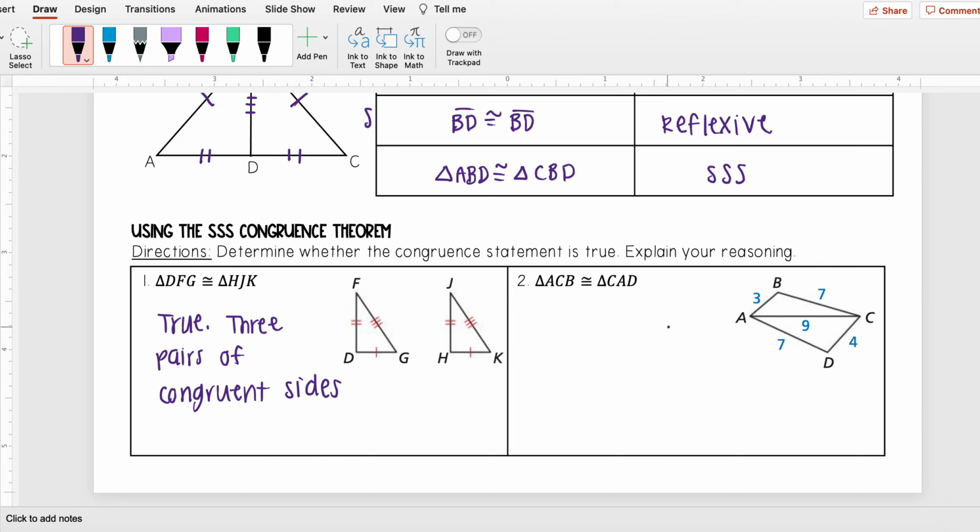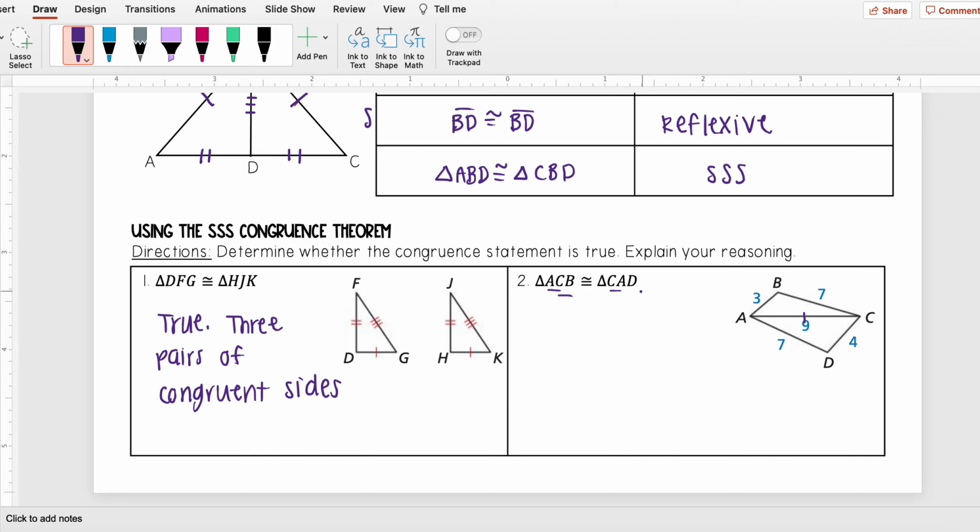Okay, now let's look at number 2. So number 2, I want to see if triangle ACB, so this triangle on top, is congruent to triangle CAD, so this triangle on the bottom. So here we're actually just given numbers for the sides. I want to see whether these all are congruent. So I see first off that my first two letters, AC and CA, that's really the same side. So it's going to be congruent to itself.